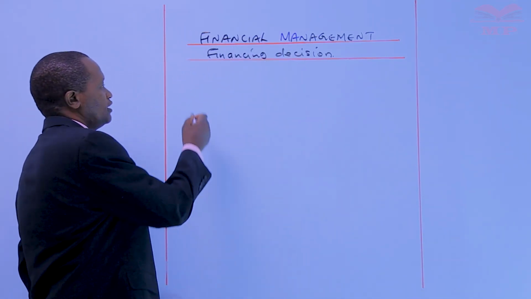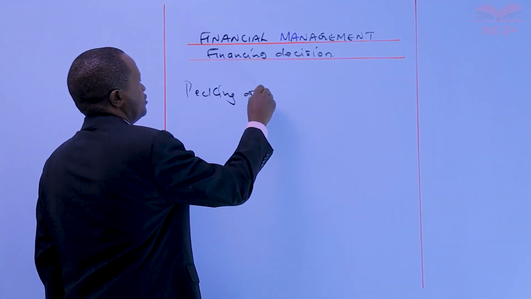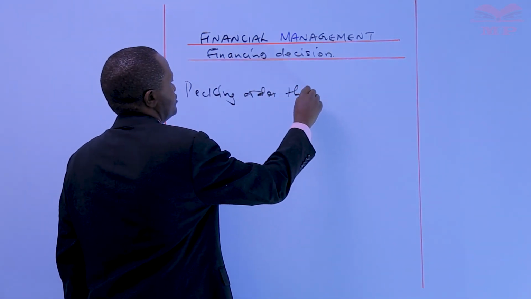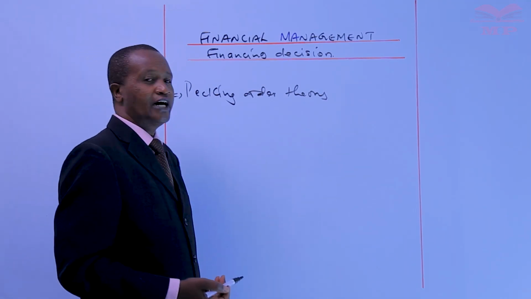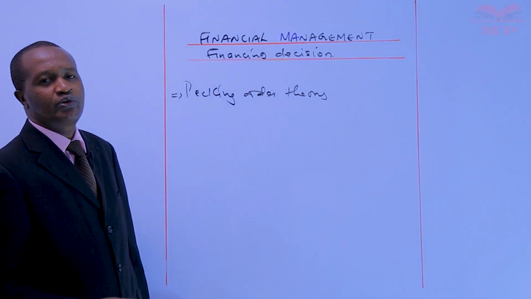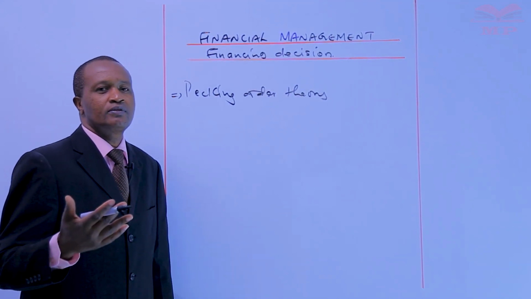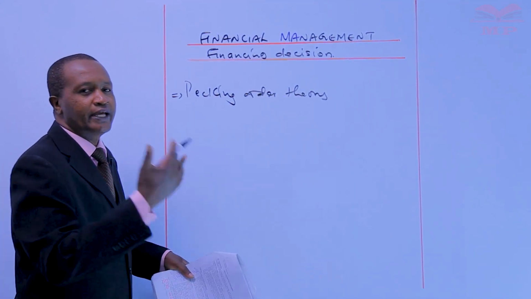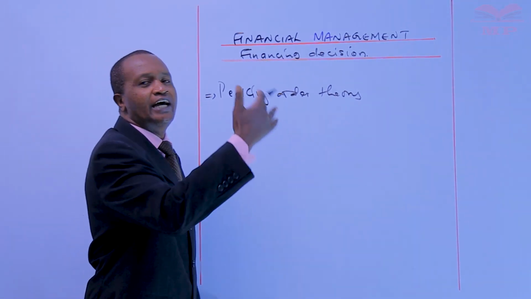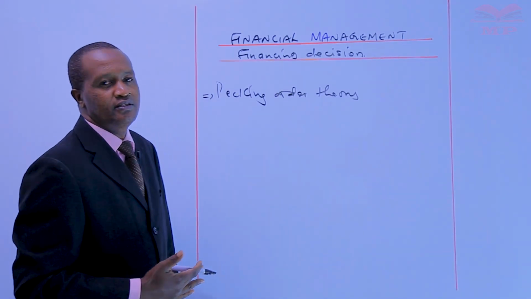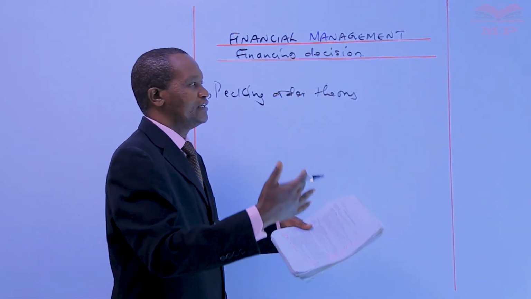The pecking order theory. This is one of the theories. And what is the pecking order theory all about? Candidates, under the pecking order theory, the firm should avoid external financing if it has availability of internally generated funds.